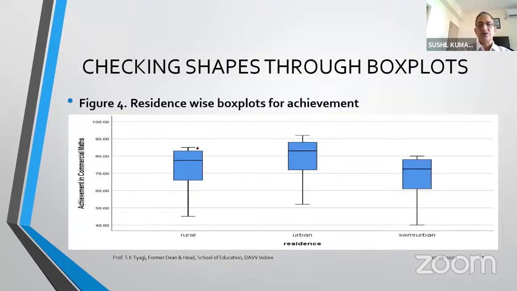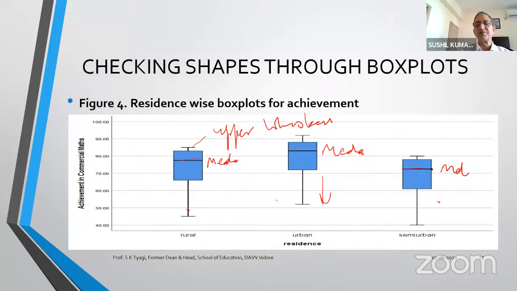Why? Because this is known as the upper whisker. The upper whiskers are small as compared to the lower whiskers. In all these three distributions, the lower whiskers are long and the upper whiskers are short. This line is the median line, and the position of the median line in the box is also almost similar. Therefore, it looks like the distributions have an almost similar shape.